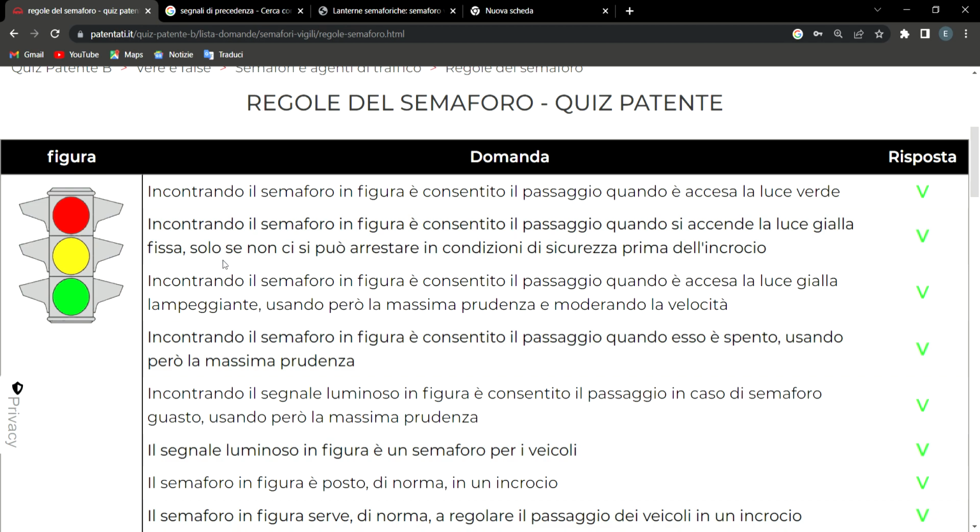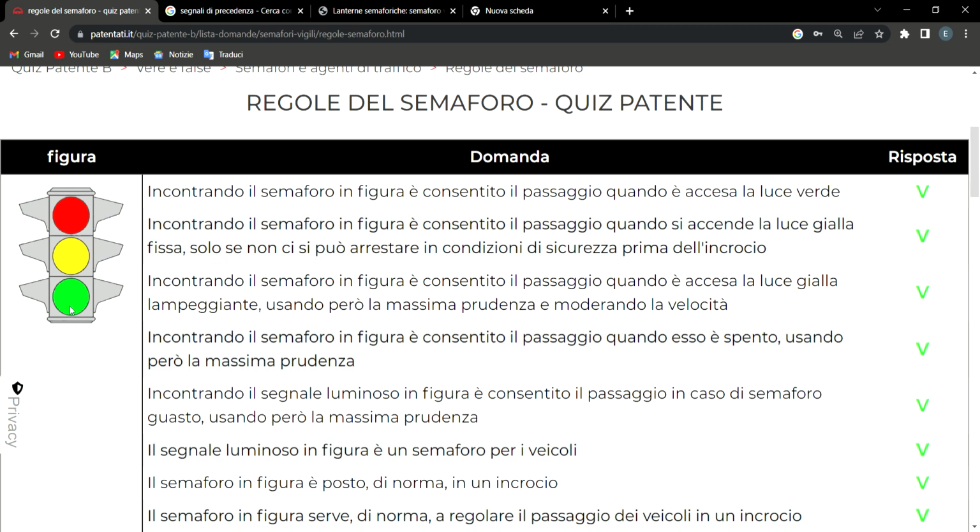But in some cases, if you are already in the junction, you need to try as much as possible to free the junction. In other words, if you are already in the junction, you have to move your vehicles as much as possible.